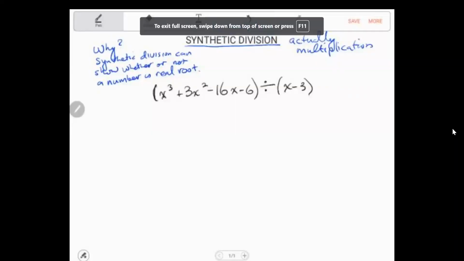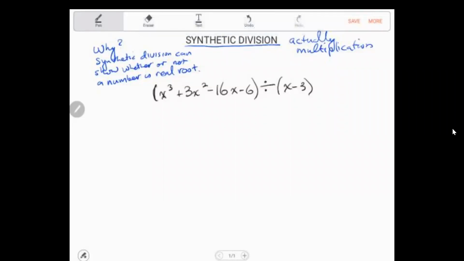I paused our video for a second to go find this problem, so you might take a minute to write that down. We're going to divide x cubed plus 3x squared minus 16x minus 6 by x minus 3.